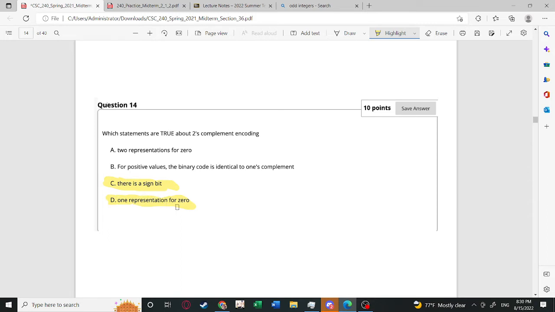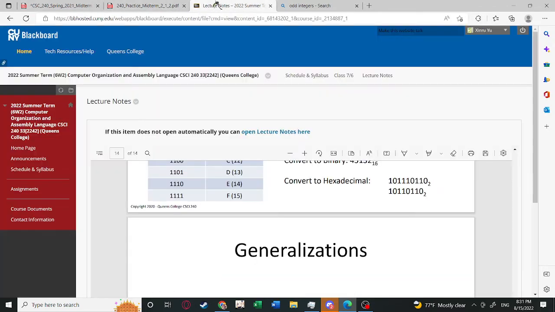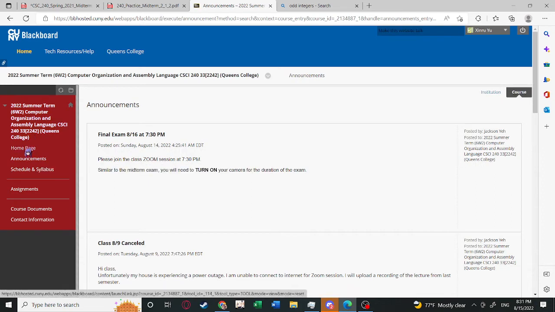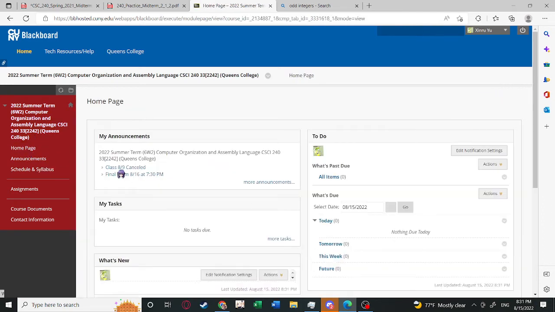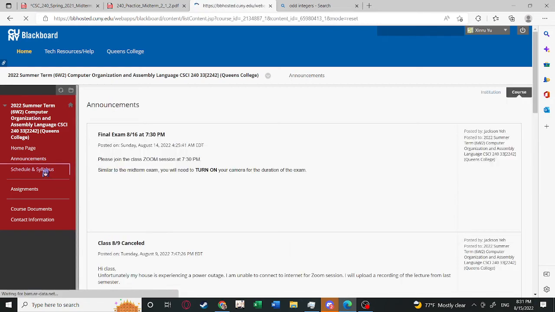This is why you don't have negative 0. And for positive values, the binary code is identical to 1's complement.